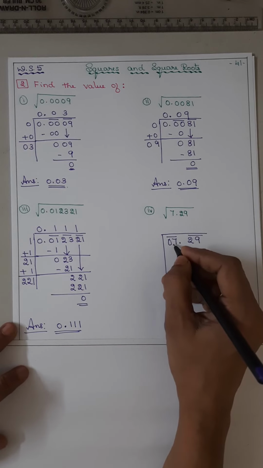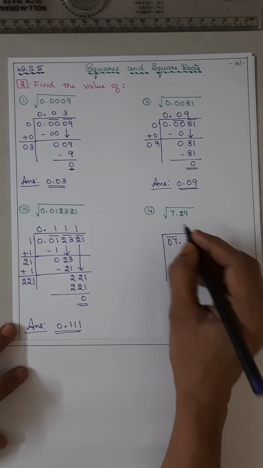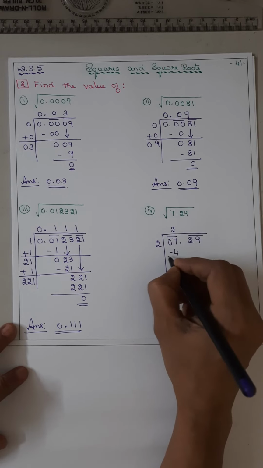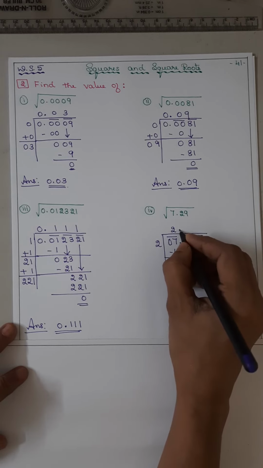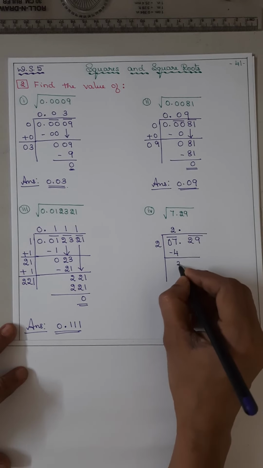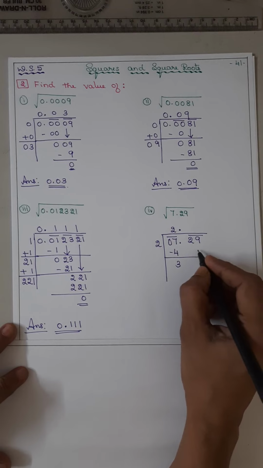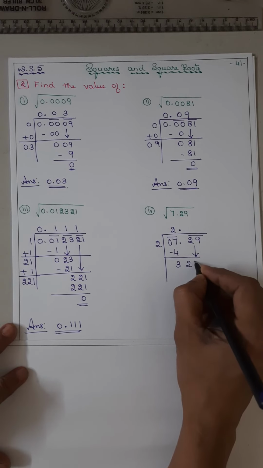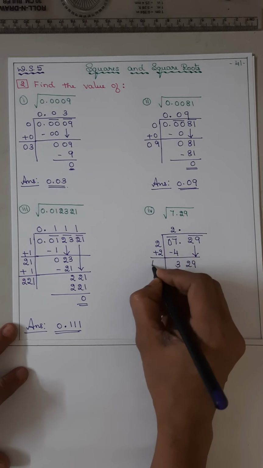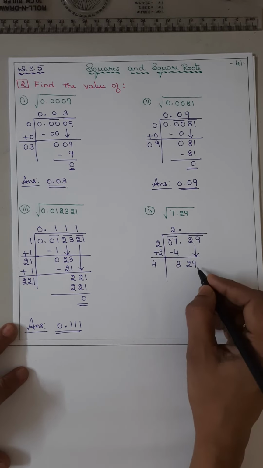Now 7. 2 2s are 4. Put the decimal point immediately. 7 minus 4 is 3. Bring 29 down. Add 2, you got 4. Now ending with 9.